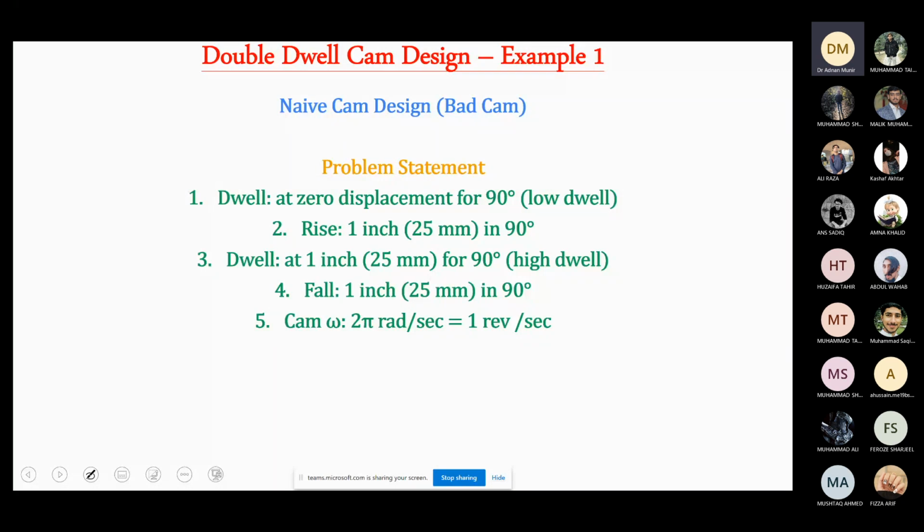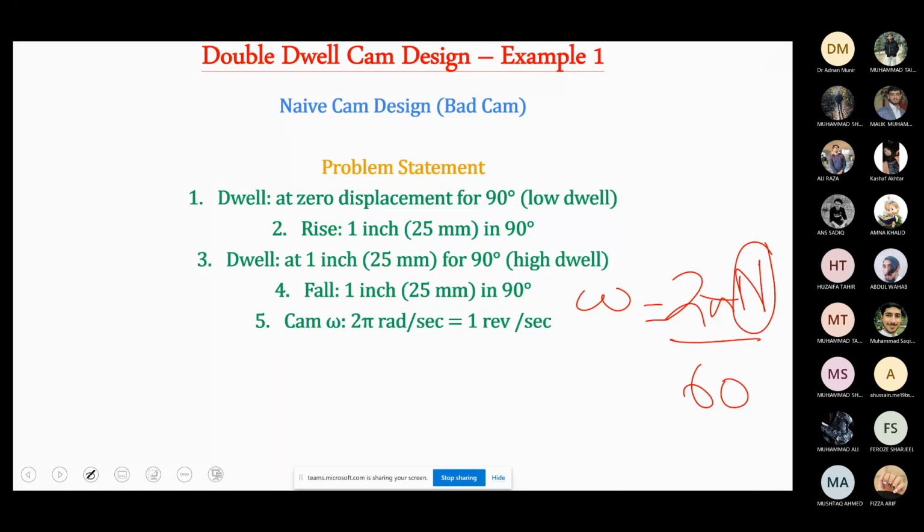That means the displacement is going from 1 to 0 again, from 270 to 360 degrees, and this is called the fall. And then the cam angular velocity omega is given as 2 pi radians per second, or in other words we can also convert it into revolutions per minute, which is 1 revolution per second. We know that omega is 2 pi n by 60, where n is the number of revolutions. So we can also calculate it from here.